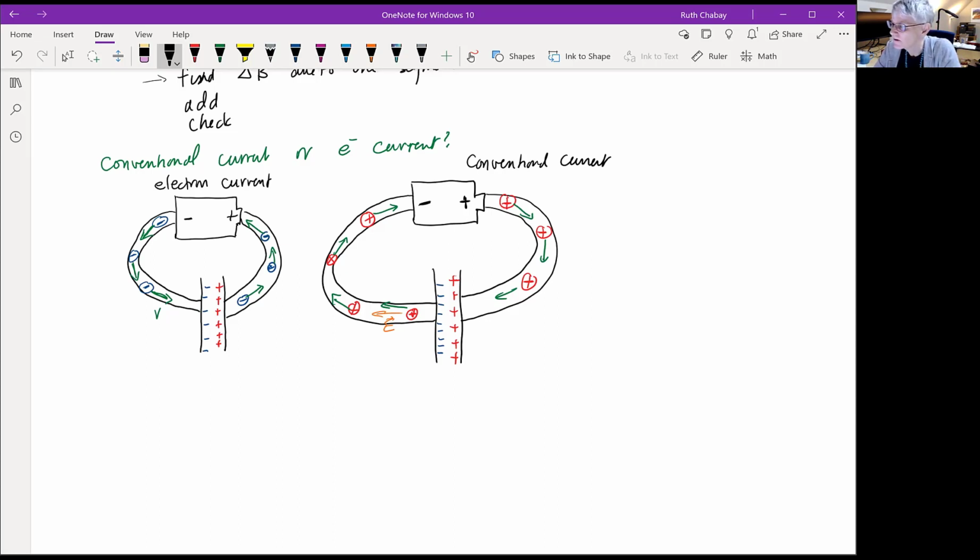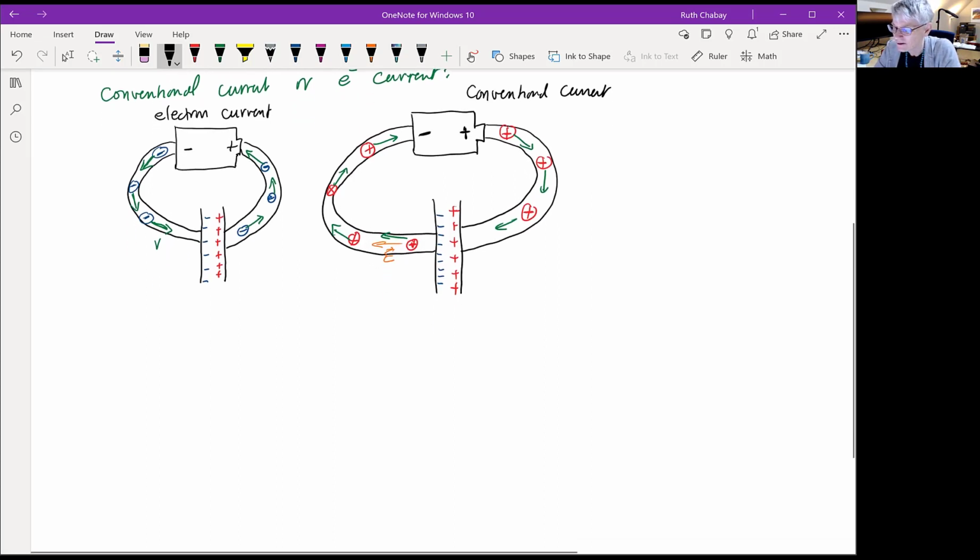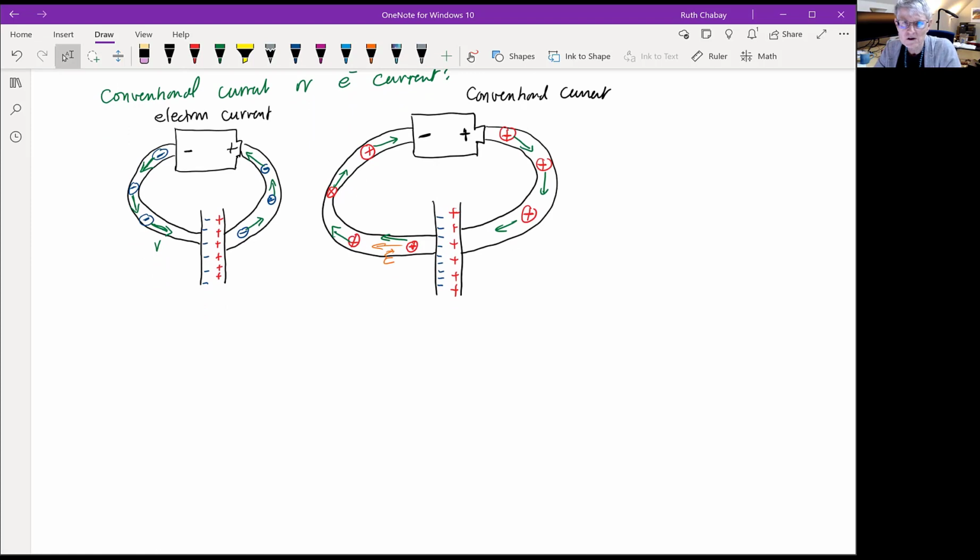What about magnetic fields? Would the magnetic fields made by the circuit be different? Well, here's a little section of wire with negative charges moving to the right.